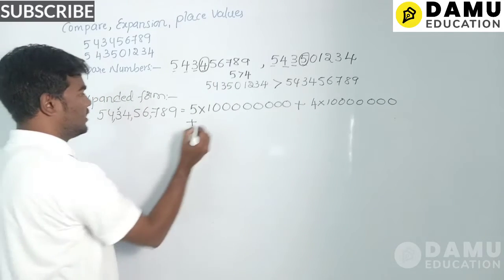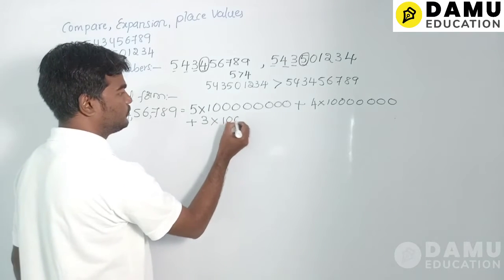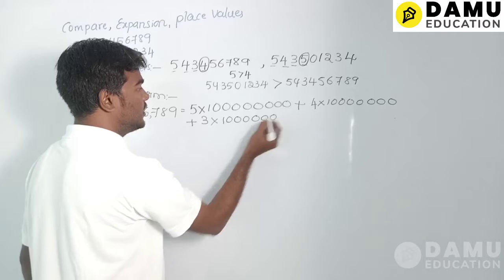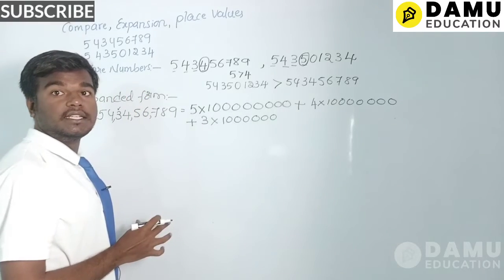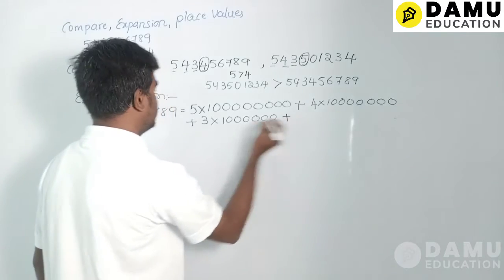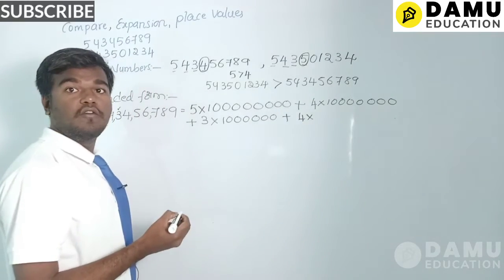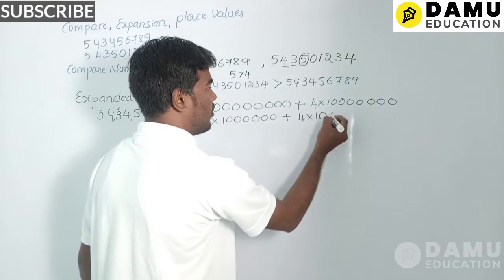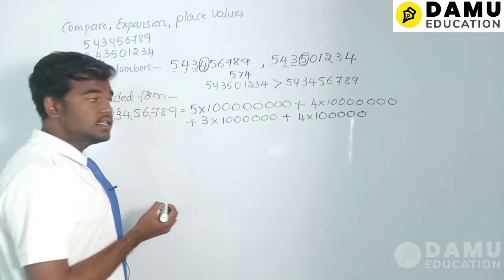Next go with the 3. So 3 into how many zeros? Here there are 6 zeros. Why? Because 3 is in the 10 lakhs place, so it is 6 zeros. Next one, 4. Again 4 is in the 1 lakh place. 4 into 1 lakh, how many zeros will you get? 5 zeros.